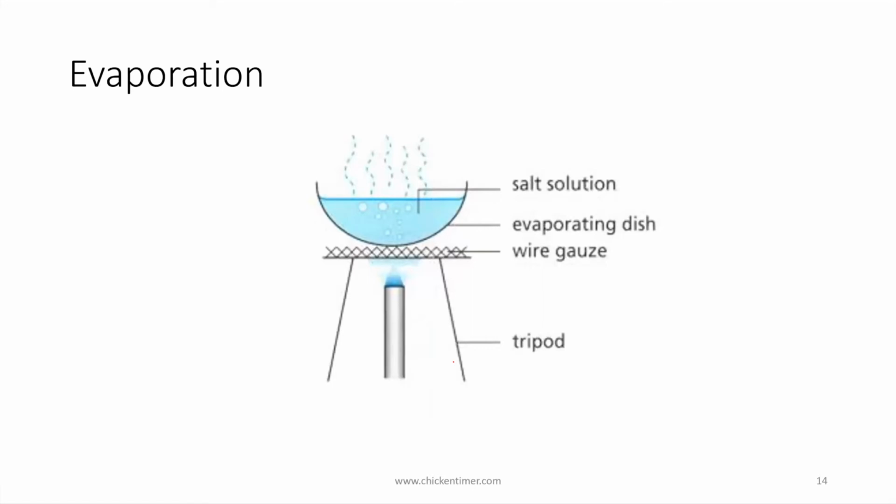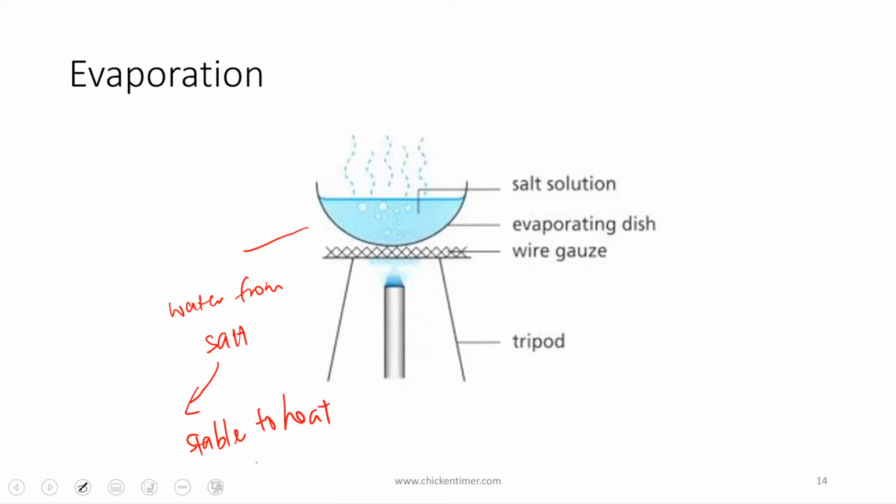Then you have evaporation. In evaporation, you separate water from maybe a salt. This salt must be stable to heat. Stable to heat means it does not decompose on heating.